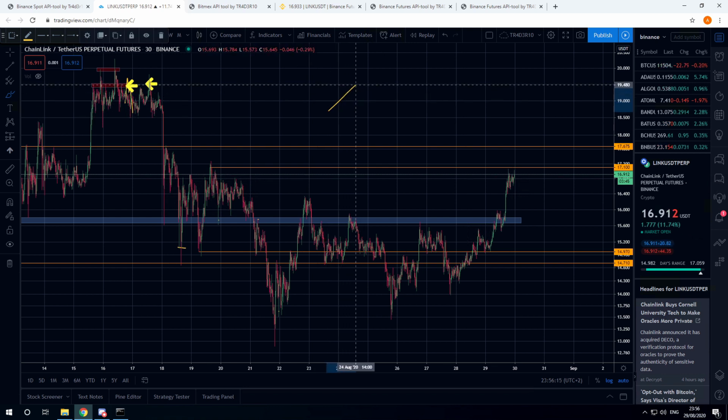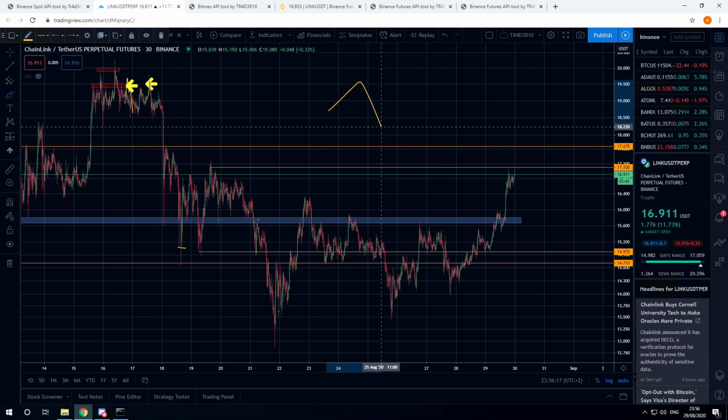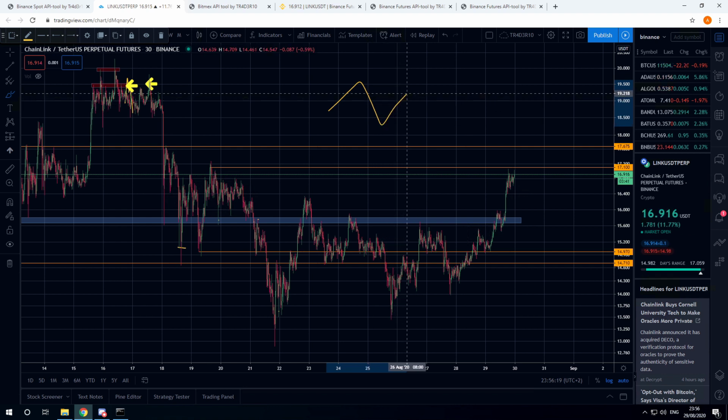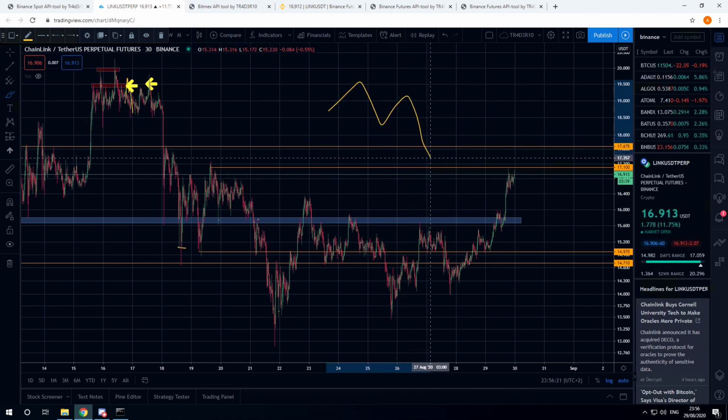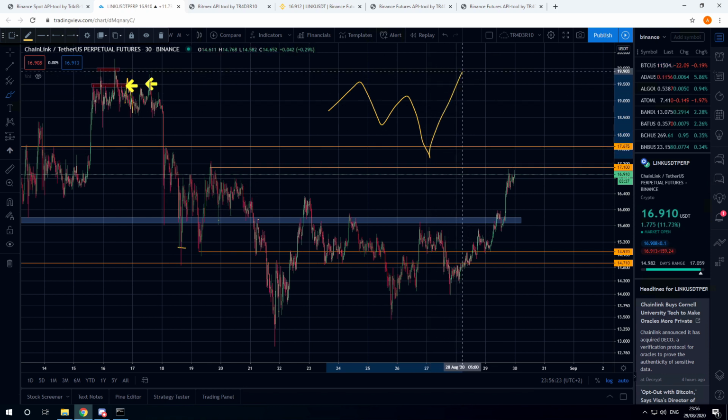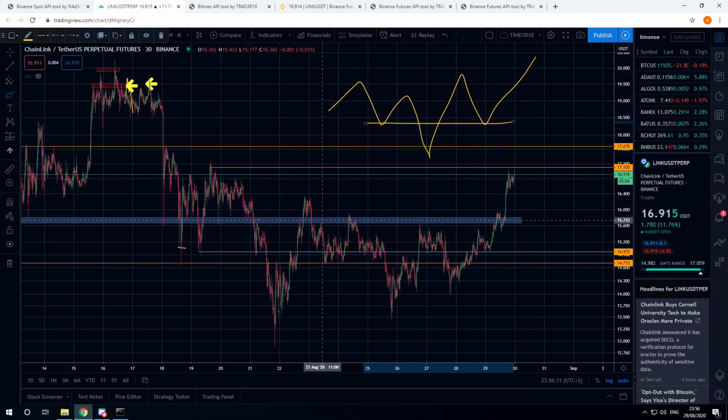You can do something like this, go lower, like this, lower, go above, and hold here, and higher. Then this is a good long. If you're going here and just failing to gain this, it's very likely that we go down here or even go lower.